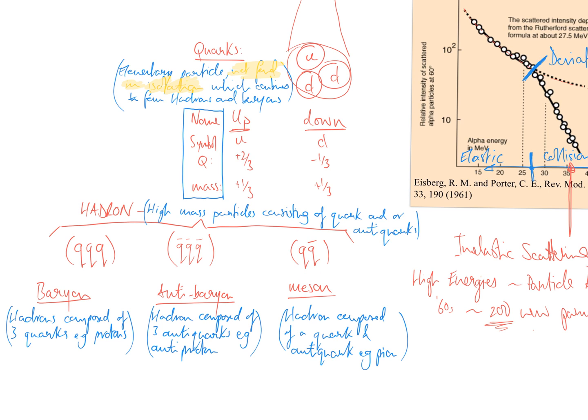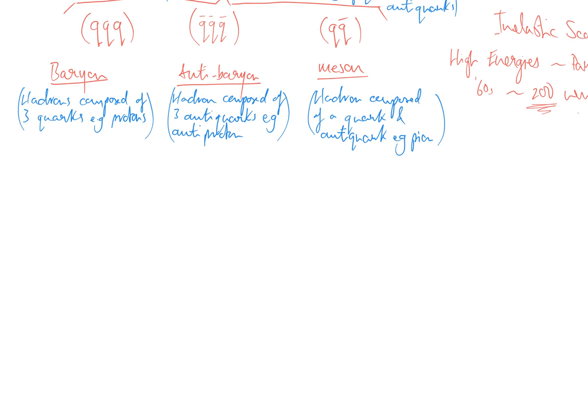Good. So, back to the mesons, the antibaryons, and the baryons. Now you can see here you already know the first baryon because we took a neutron and I wrote it down as an up, down, and a down. Let's write that down. So a baryon. We have a neutron, which is an up, down, down.